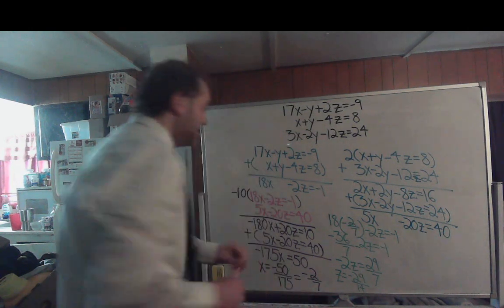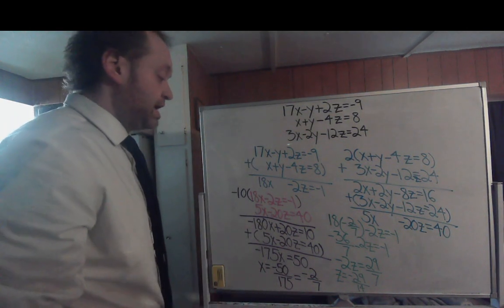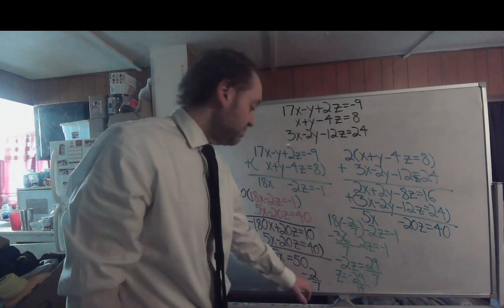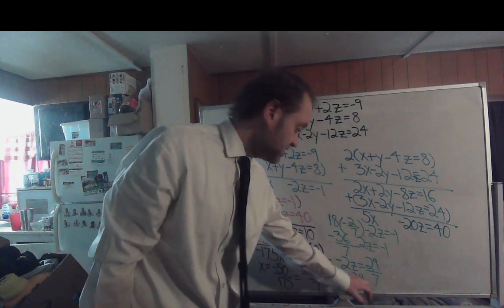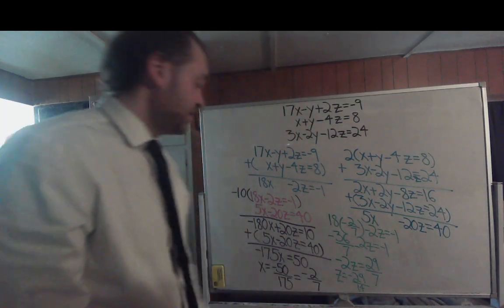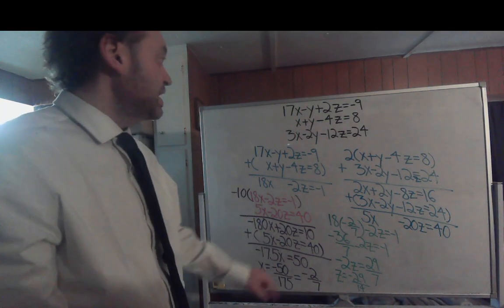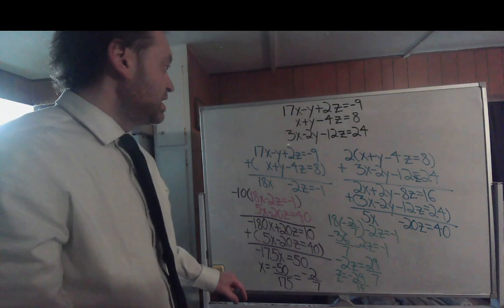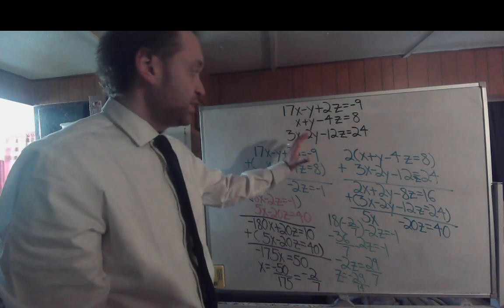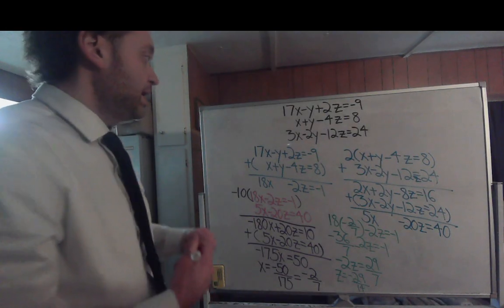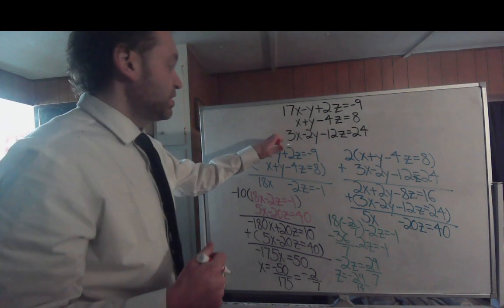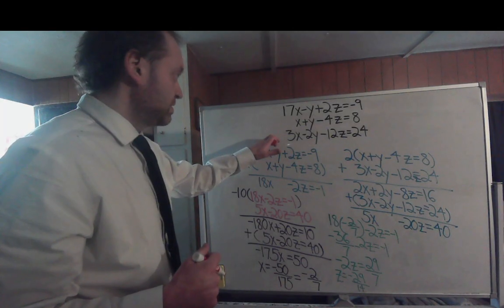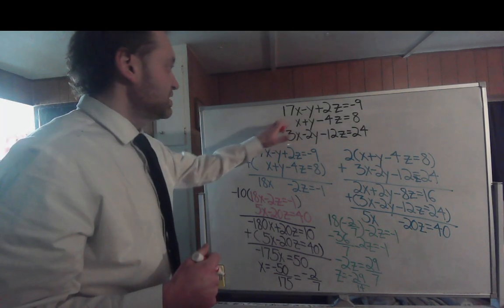Now let's go ahead and find the value for y. We know our x value to be negative 2/7 and our z value to be negative 29/14. Take both your x and z values, put those into any of these three equations, and then solve for y. I'll go with the third equation. No, let's go with the second.